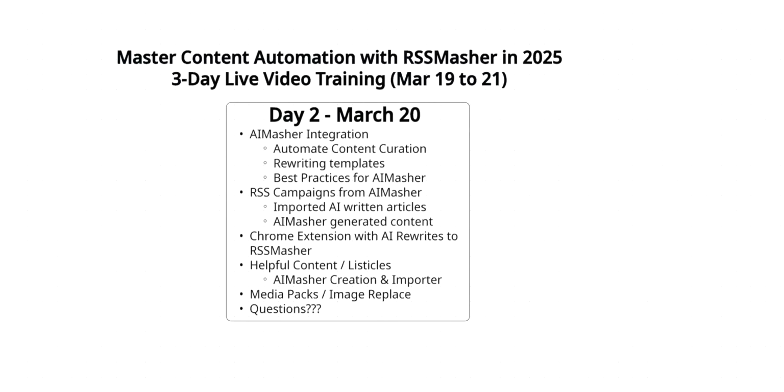So you can create content in AIMasher, and you can push it over to RSS Masher and use that powerful scheduler and syndication and backlinking tool inside of RSS Masher. A lot of people go, well, why can't I just post it from AIMasher? Absolutely, you can post it.